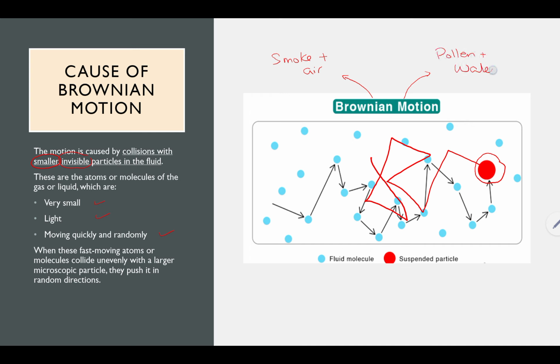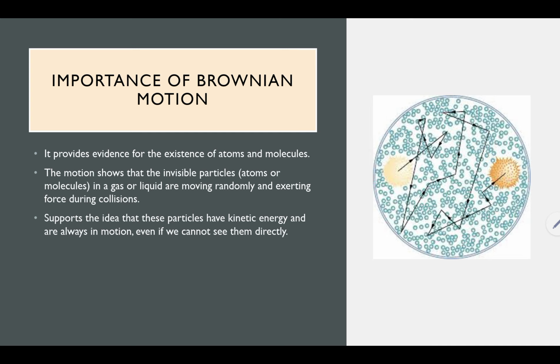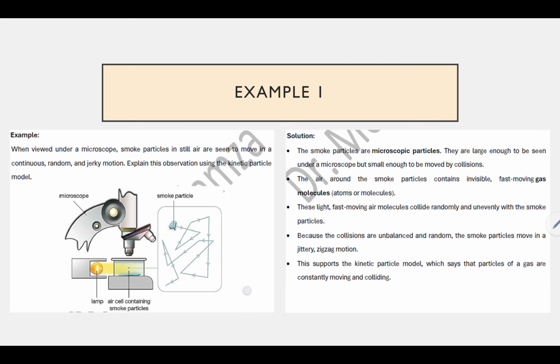Same scenario. The pollen particles are colliding with the smaller, invisible water particles, causing a zigzag motion. Okay? So this provides evidence that there are atoms and molecules that are invisible, but they result in other particles moving randomly due to the collisions between them.